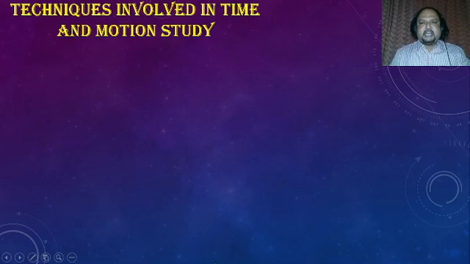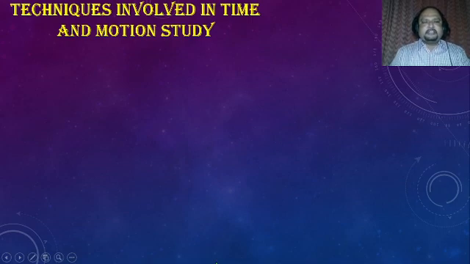These techniques are involved for calculating time and motion study where the task or the work is carried out manually. At least it is a mixture of using machine and doing the work manually.